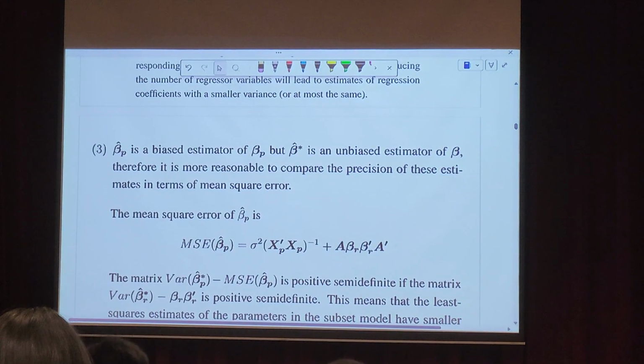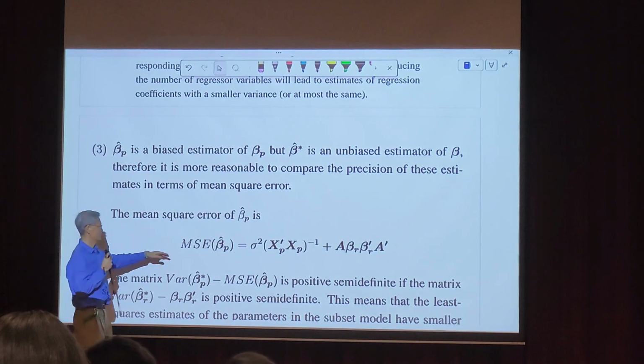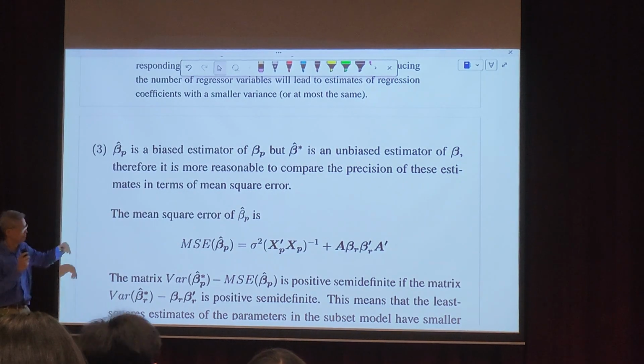Okay, result number 3. Beta hat p is a biased estimator, but for the full model, it is unbiased. Therefore, we want to compare mean square error, because one of them is biased and one of them is unbiased.